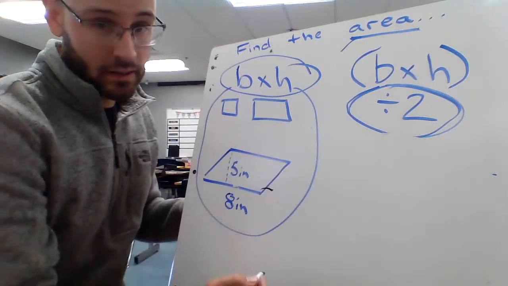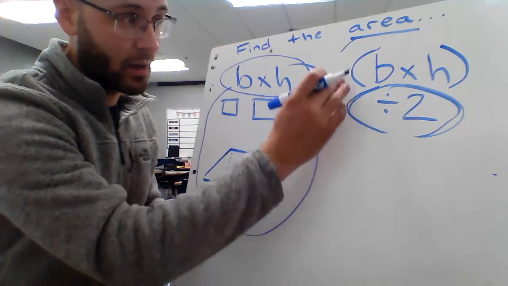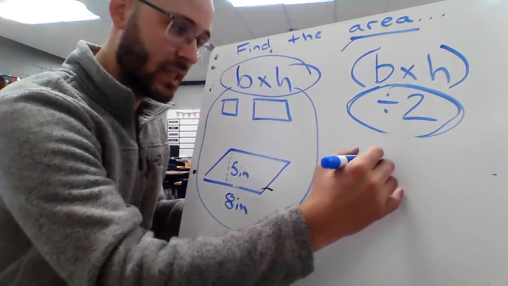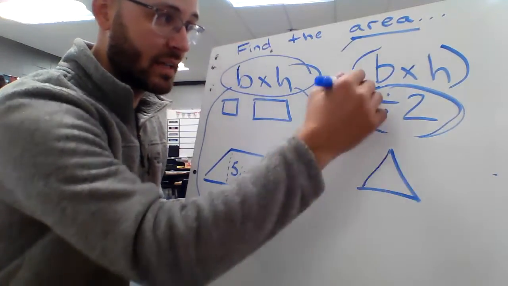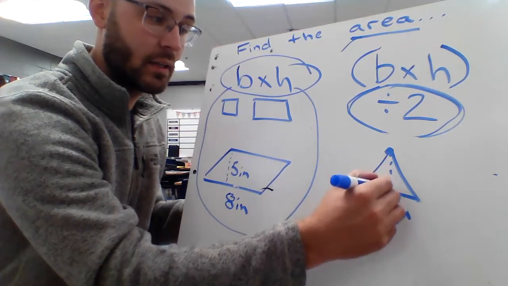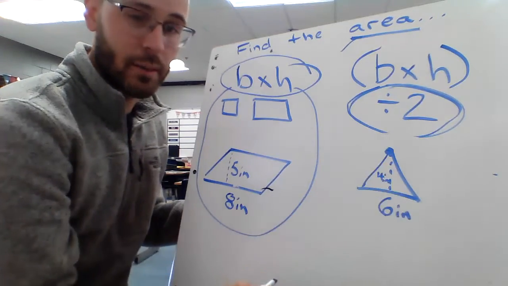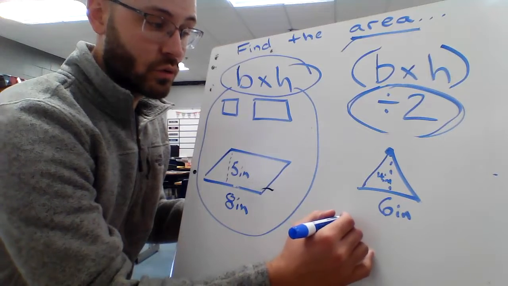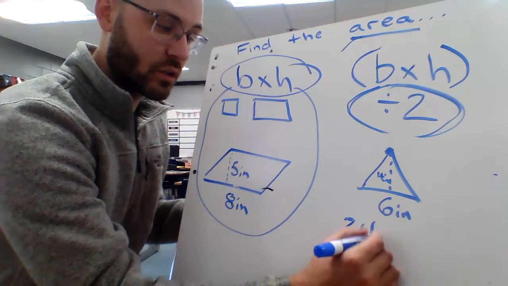The second thing I wanted to get through today was the area of triangles. A triangle is always the base times the height, just like regular. Base times the actual height. Say it's 4 inches this time, I don't know. It is 24 inches squared.